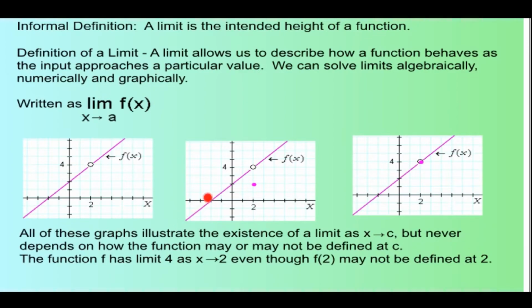So you can see on the bottom, function f has a limit of 4 as x approaches 2, even though f of 2 may not be defined at 2 every single time. It's not defined at 2 here. F of 2 is defined at y equals 2 here, and at y equals 4 here.